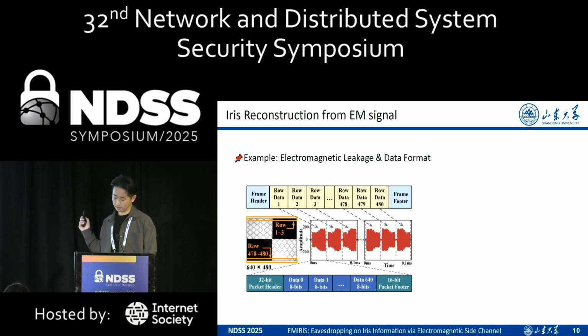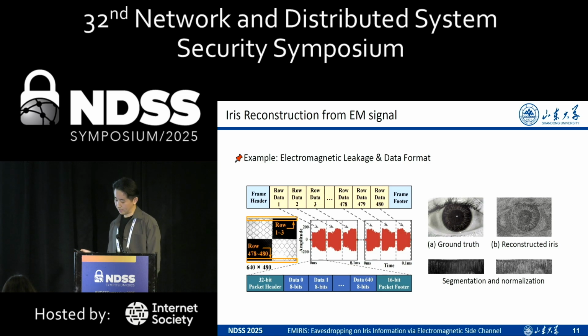Let's take a look at this example. This figure shows how EM emissions align with the digital transmission of iris data. As we can see here, the pixel intensity will affect the EM amplitude, and we convert these amplitude variations into grayscale values. And then we map these values into the iris matrix according to the MD function mentioned before.